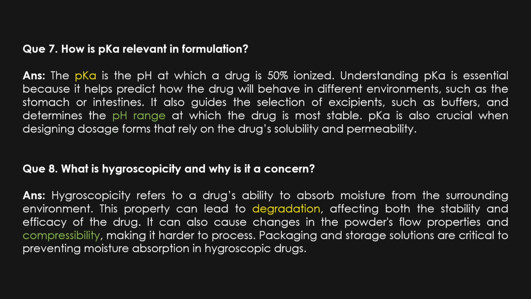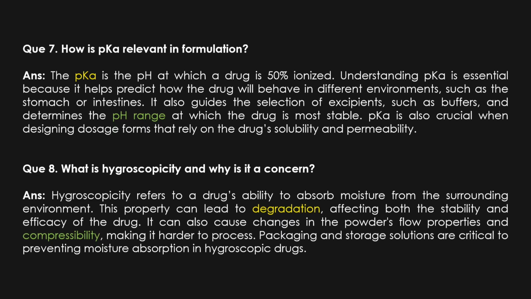It also guides the selection of excipients such as buffers and determines the pH range at which the drug is most stable. pKa is also crucial when designing the dosage forms that rely on the drug's solubility and permeability.